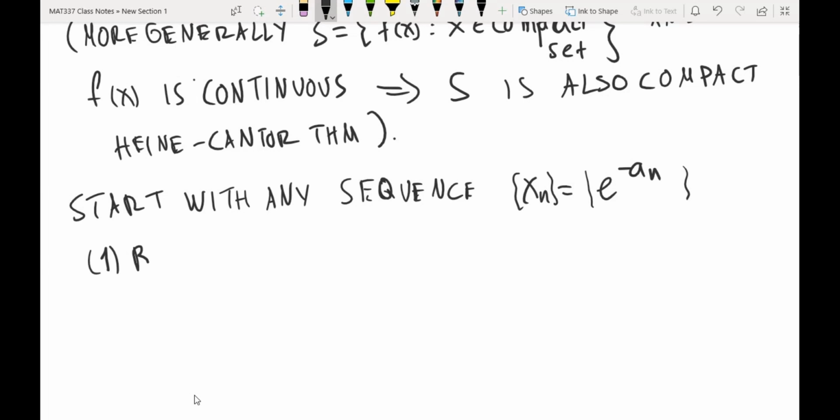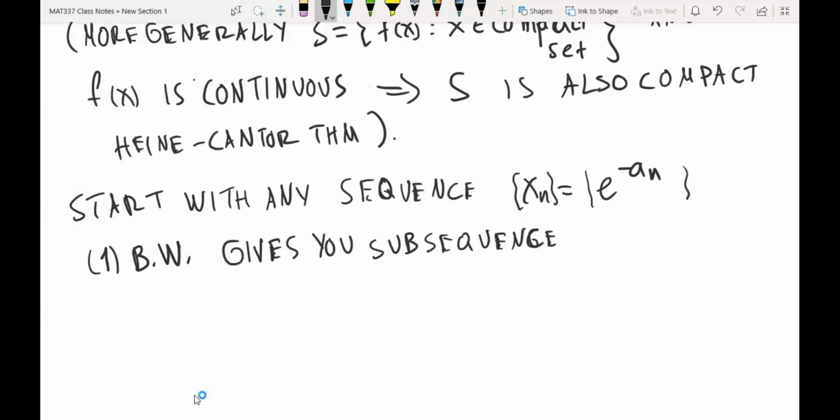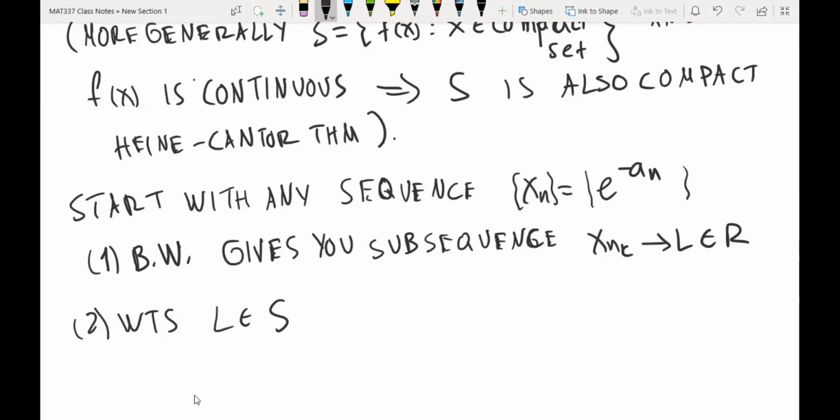So step one, Bolzano-Weierstrass gives you a subsequence x_{n_k} converging to L in R. Two, want to show L is in S, and I'll probably leave this to you. Then again, assume L is not in S, get a contradiction.